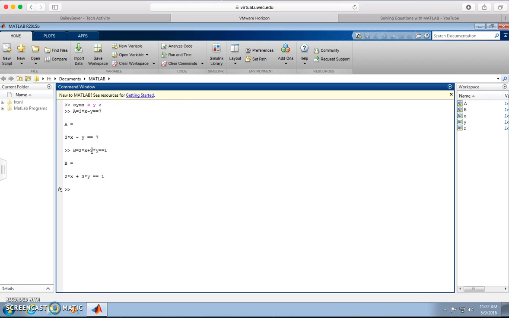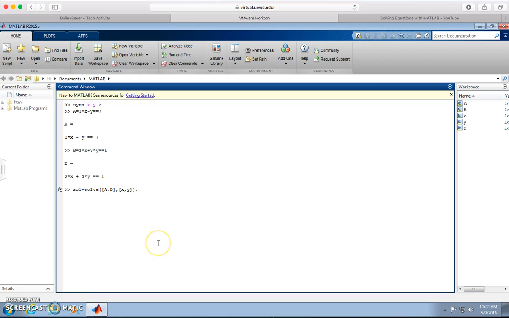We will say sol, S-O-L, equals solve, S-O-L-V-E, parenthesis, bracket, A, comma, B, closing bracket, comma, bracket, x, comma, y, bracket, closing parenthesis, semicolon. Now, this says we're going to be solving A and B in terms of x and y.